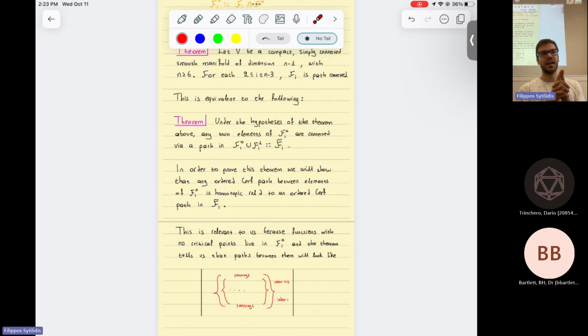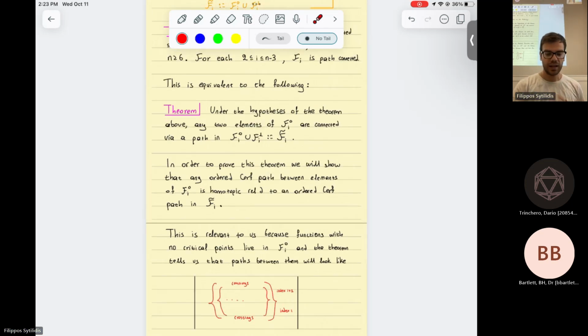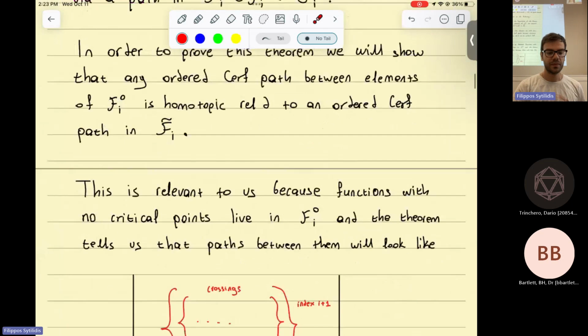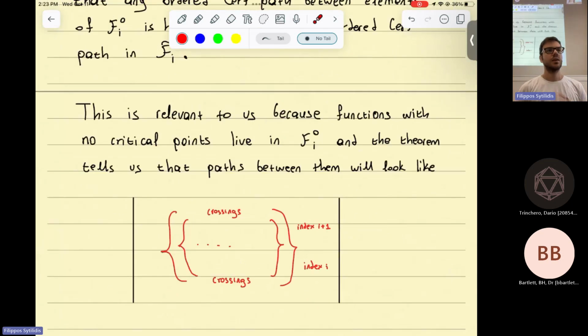I don't have a notation for that. But Fi0 means excellent Morse functions whose only critical points are of index I and I plus 1. Yeah. And there can be no critical points.